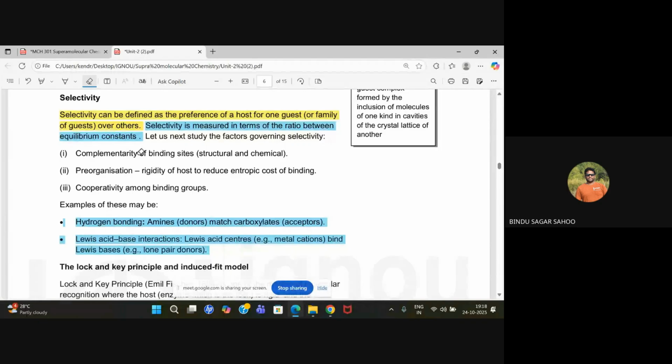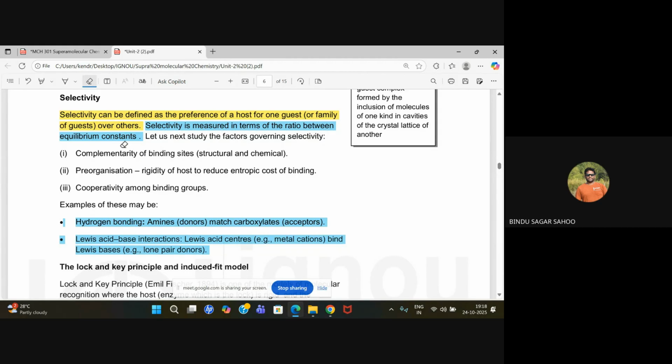If this active site provides a positive charge species, then the guest molecule's active site should provide a negative charge. When the charged or interacting sites are complementary, they can bind more strongly with each other.